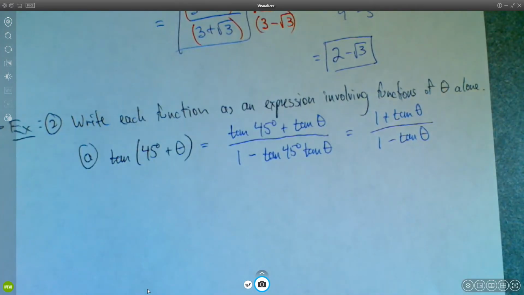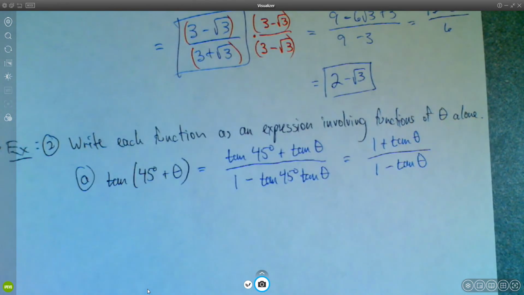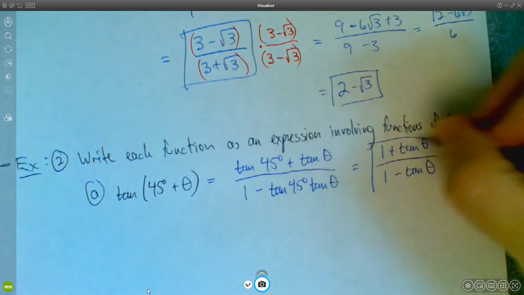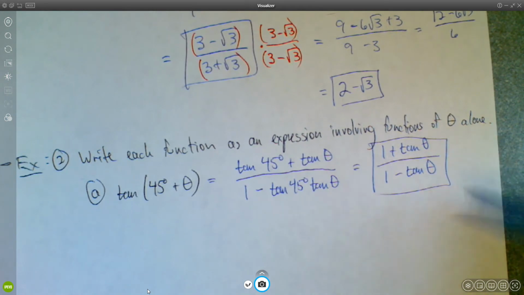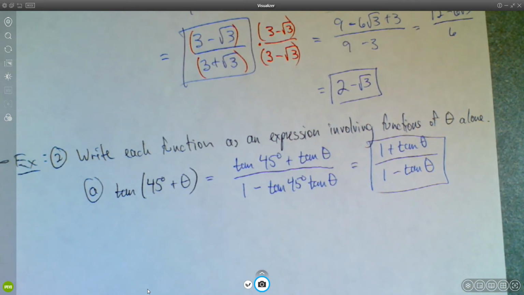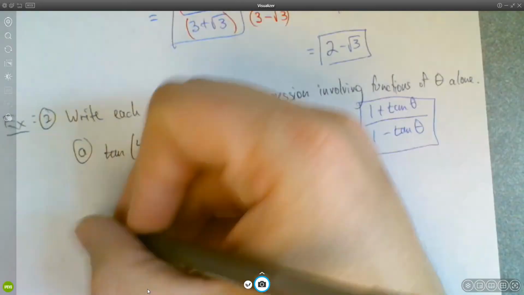So we end up with 1 plus tangent theta over 1 minus tangent theta. Based on our previous example, you might want to multiply by the conjugate of that and see what you end up with. I'm just going to leave my answer that way though. But if you multiply by 1 plus tangent theta, you might end up with something kind of nice. In fact, well, I'm going to leave it that way. Let's do another one.